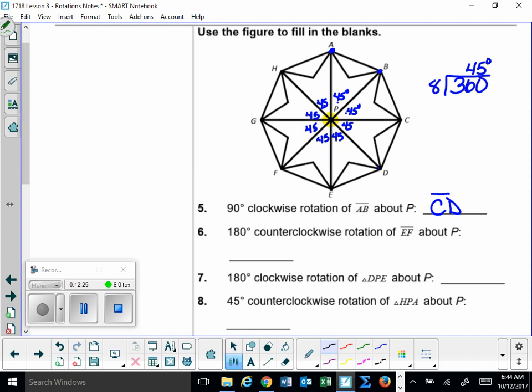Let's look at a 180 degrees counterclockwise rotation of EF about P. So here's E, because I'm going to go one point at a time.